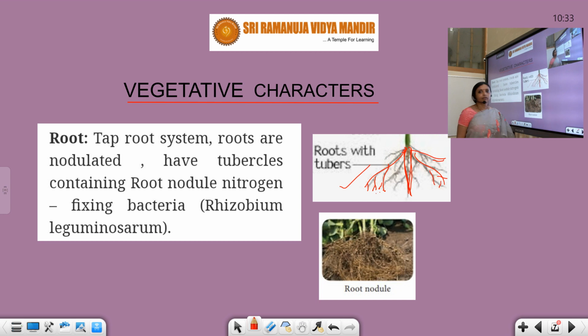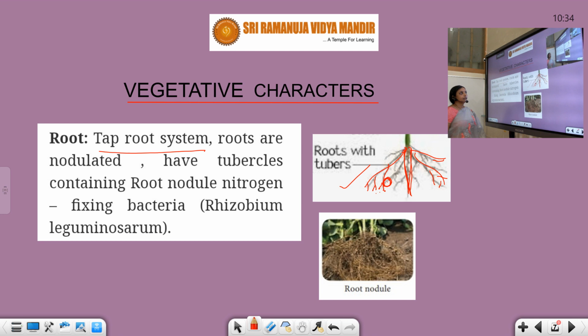And in the Fabaceae, the Leguminosae family, we have seen that root nodules are present. So what is living symbiotically with this root? The bacterium called Rhizobium is living symbiotically here. So here the taproot system is present, and the roots are nodulated.